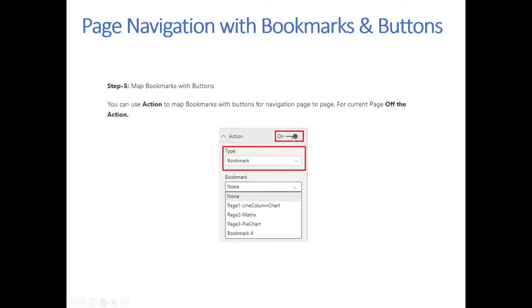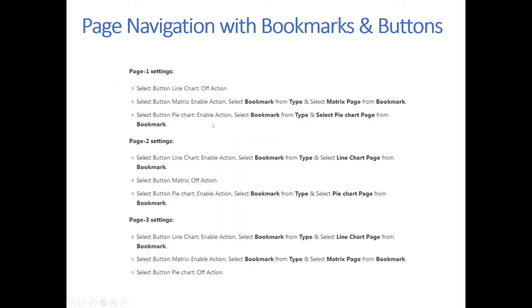Let's enable Action. It's on. And then select Bookmark from Type and select the pie chart page from Bookmark. So we have the matrix page selected, and only the button for line chart is off because it is on Page 1.